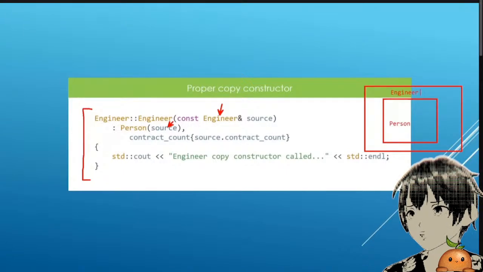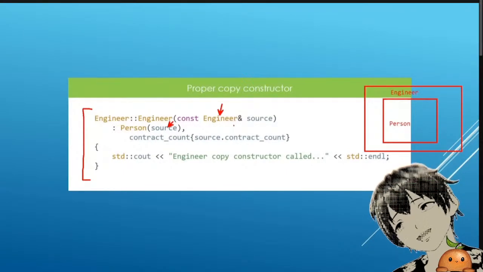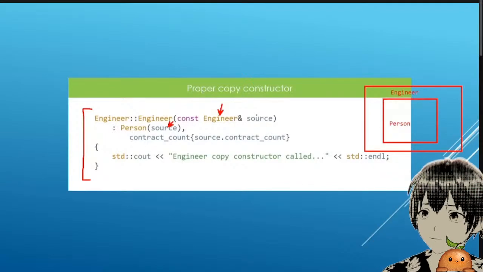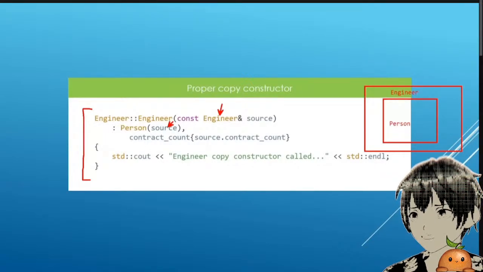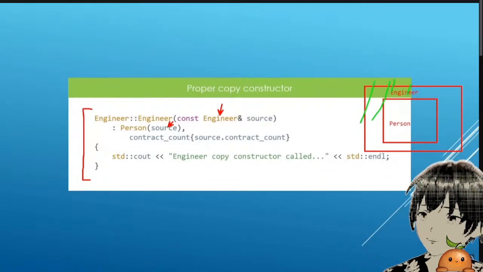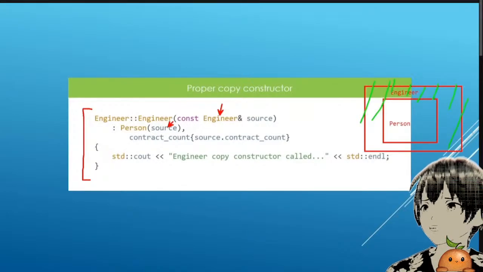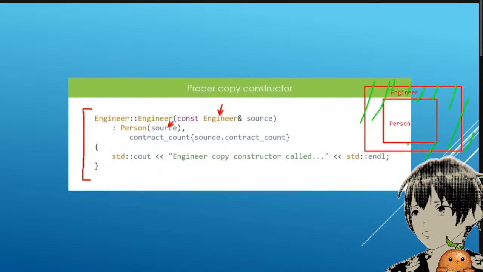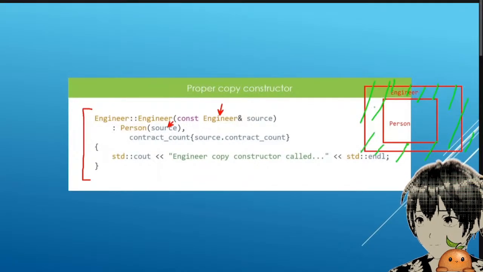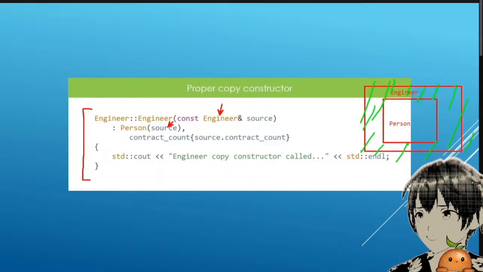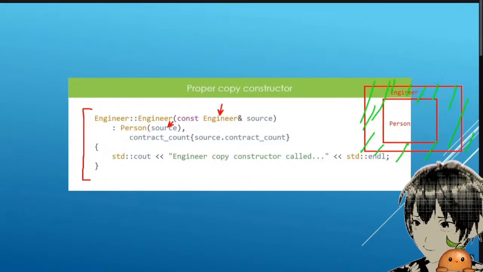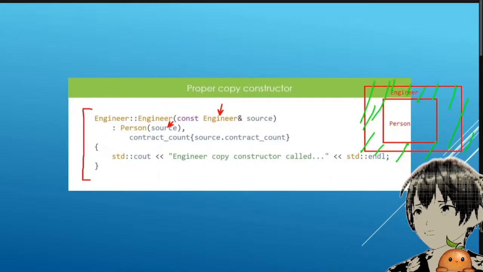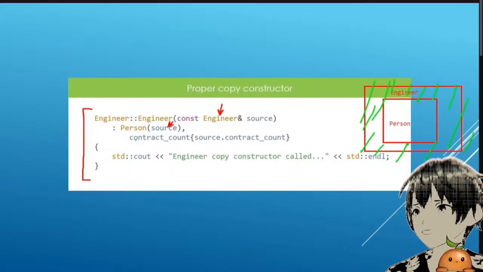The compiler is going to see that we are passing in an engineer object to initialize a person object, and what it is going to do is really smart. It is going to strip off all this engineer part, if I can describe it like this. We're going to strip off all this engineer part that we have in our engineer object, and we will be just left with the person part that we pass then to initialize our person object.